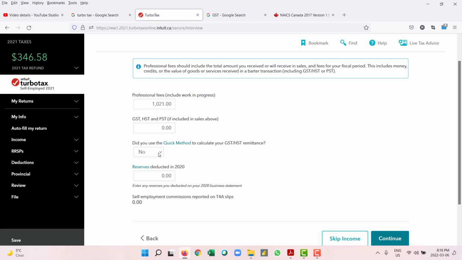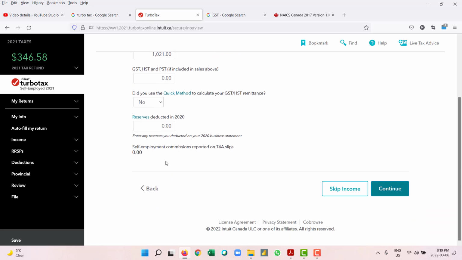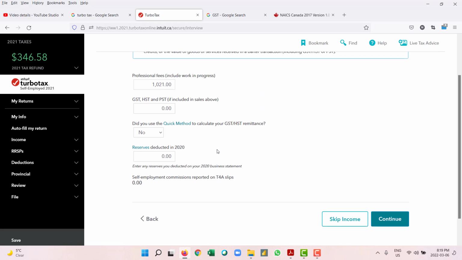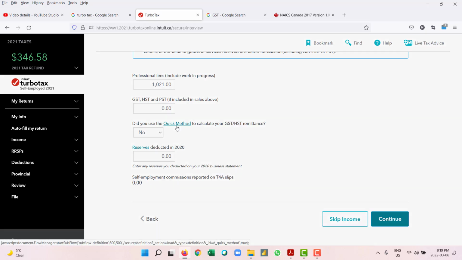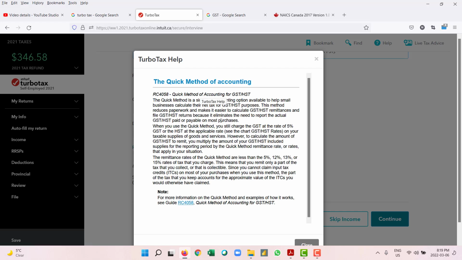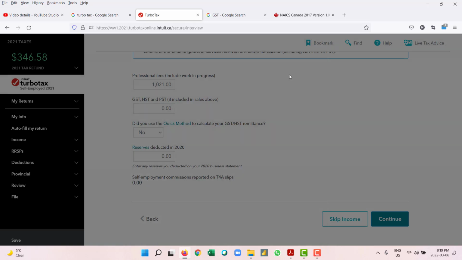Did you use the quick method to calculate? No. Director, no. Self-employed commissions. So no, quick method is something you don't need to worry about. I usually calculate the 5% of the amount.